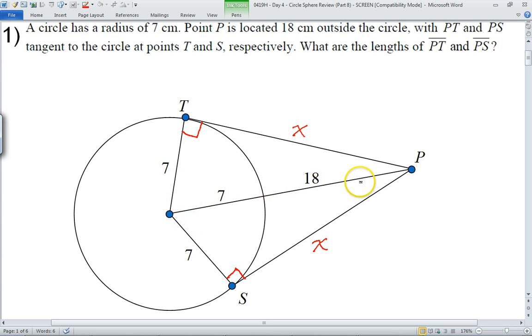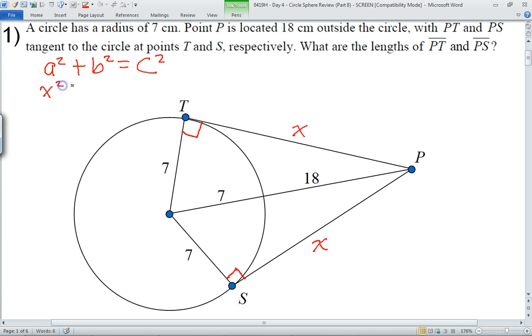All we have to do is add. So when we set out to do our a squared plus b squared equals c squared, a and b are 7 and x.